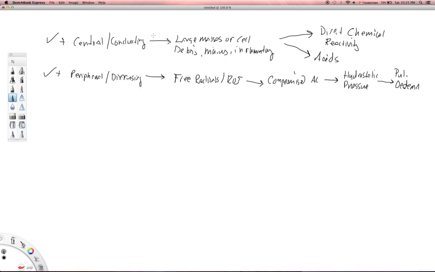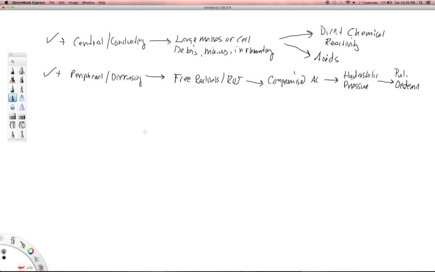Diffusing compartment toxicity can be very stealthy in its appearance. These patients may not have marked symptomology right away, and they can have delayed onset.